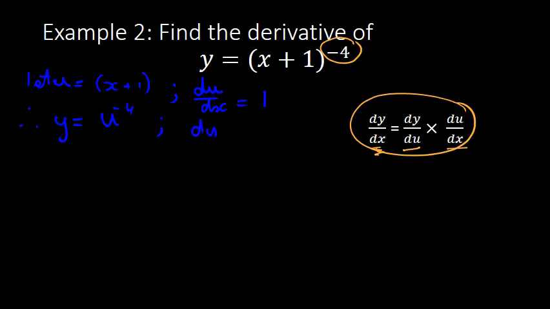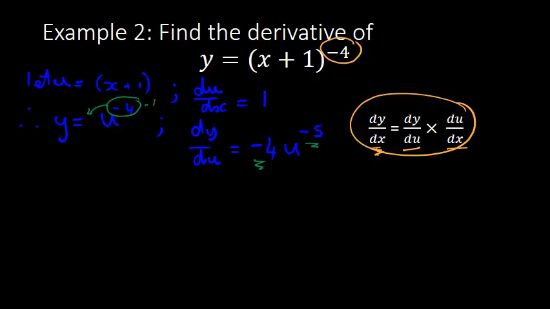And the derivative of y with respect to u is going to be negative 4u to the power of negative 5. That is to say, I brought the negative 4 down to the front and I took 1 off the power. So I got negative 4 there and took 1 off the power.